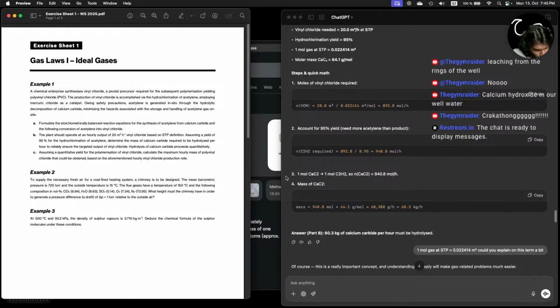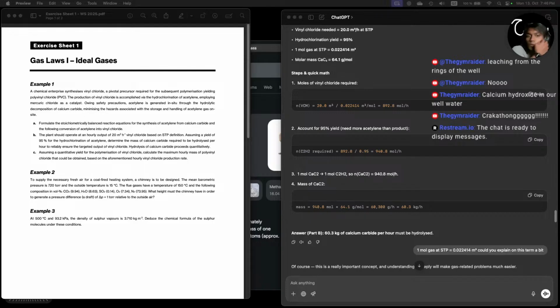How much is this? It's about 60,000 grams, which converts to 60.147 kilograms per hour. That much is needed.